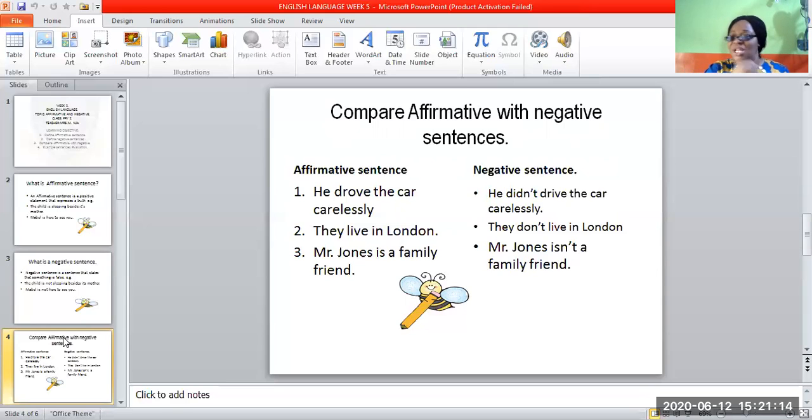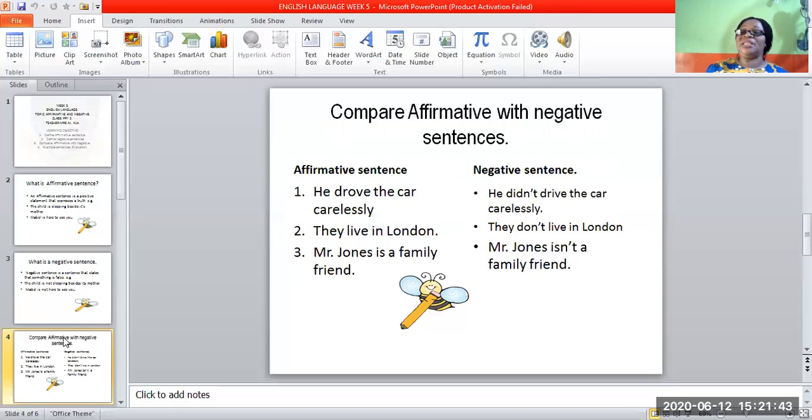Mr. Jones isn't a family friend; Mr. Jones is not a family friend. Uncontract these words, and that is what you get. Contraction of the word in negative sentences: he didn't drive the car carelessly.